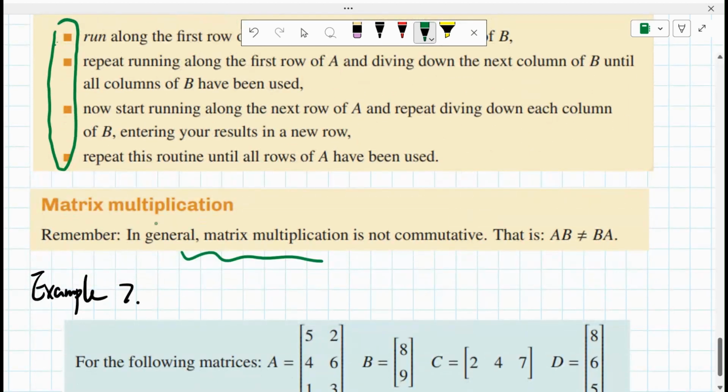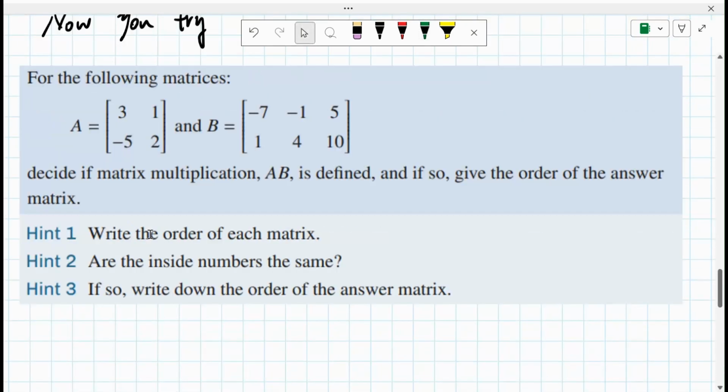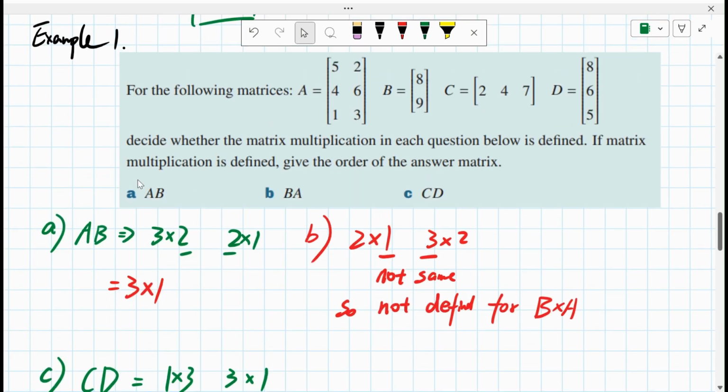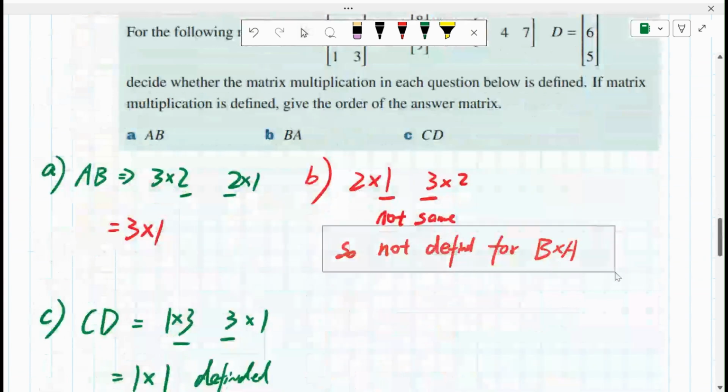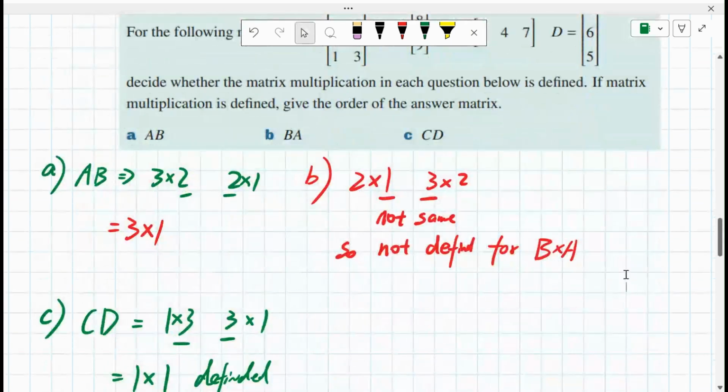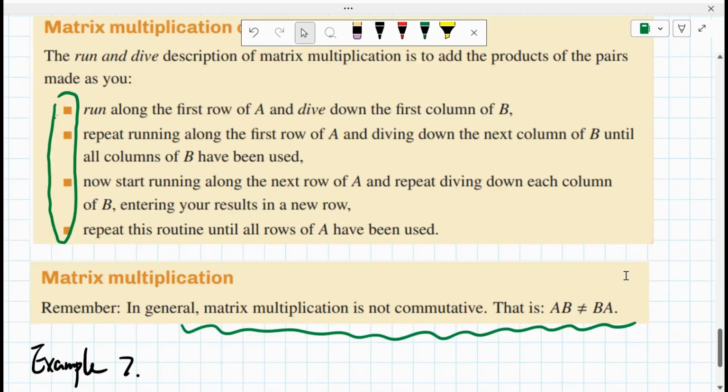Also remember, if two matrices multiply each other and then you reverse the multiplication, the results are not equal. From example 1, A times B we can define, but B times A is not defined, so they are not equal.